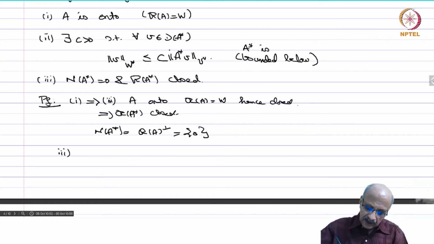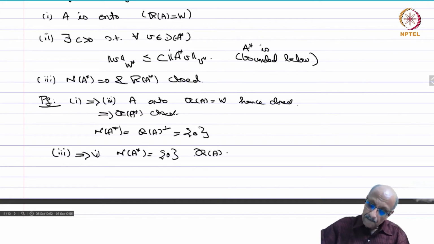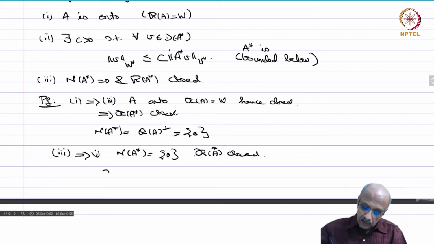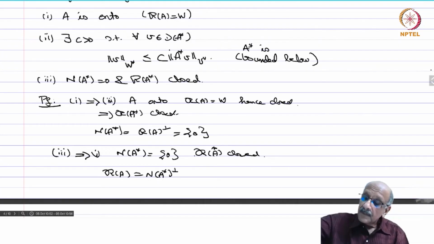So let's say 3 implies 1. That means N of A star is 0 and range of A star is closed. So then you have range of A equals N of A star perp by the previous theorem.